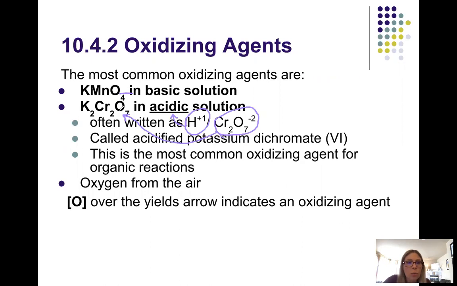So these are two of the really common substances. If I drew an arrow, I could always do that, and that would mean the exact same thing as this. This is just generic for any type of oxidizing agent. But again, these are the specific types of compounds that we typically use for that.